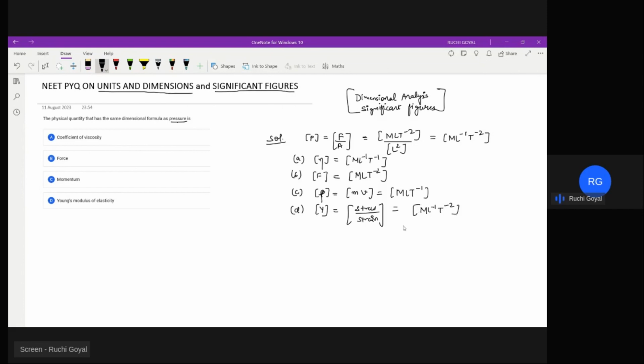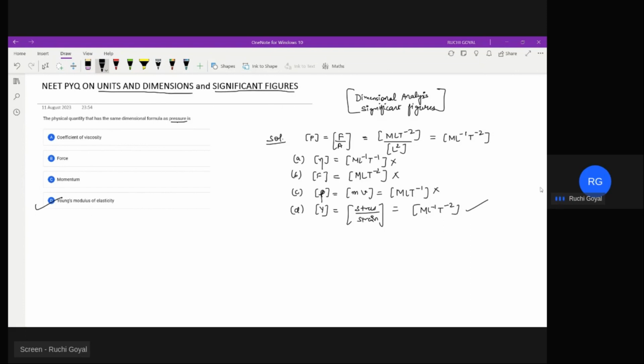This is the formula of Young's modulus of elasticity. So which option is matching with the pressure? ML^-1T^-1? No. MLT^-2? No. MLT^-1? No. ML^-1T^-2? This is matching, means this is the answer. So Young's modulus of elasticity is the answer of this question, as this option is matching.